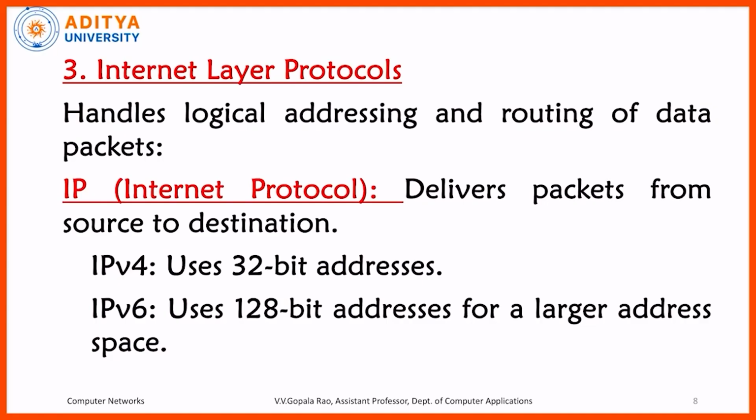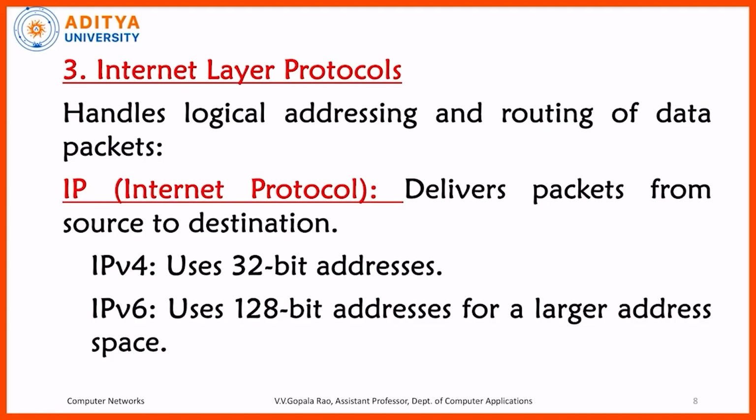And IP version 6 is the updated version of IP version 4. As far as functionality is concerned, they are similar, but from the addressing point of view, IP version 6 gives you more flexibility to mention addresses which are 128 bits in size.